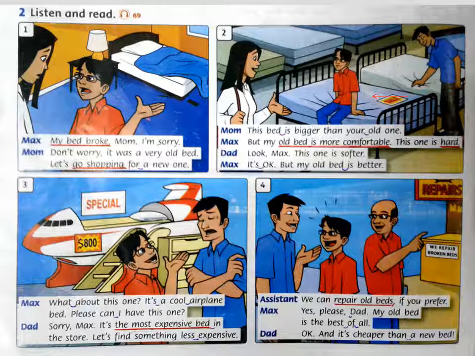Now repeat after me. My bed broke, Mom. I'm sorry. Don't worry, it was a very old bed. Let's go shopping for a new one. This bed is bigger than your old one. But my old bed is more comfortable. This one is hard. Look, Max, this one is softer. It's okay, but my old bed is better.